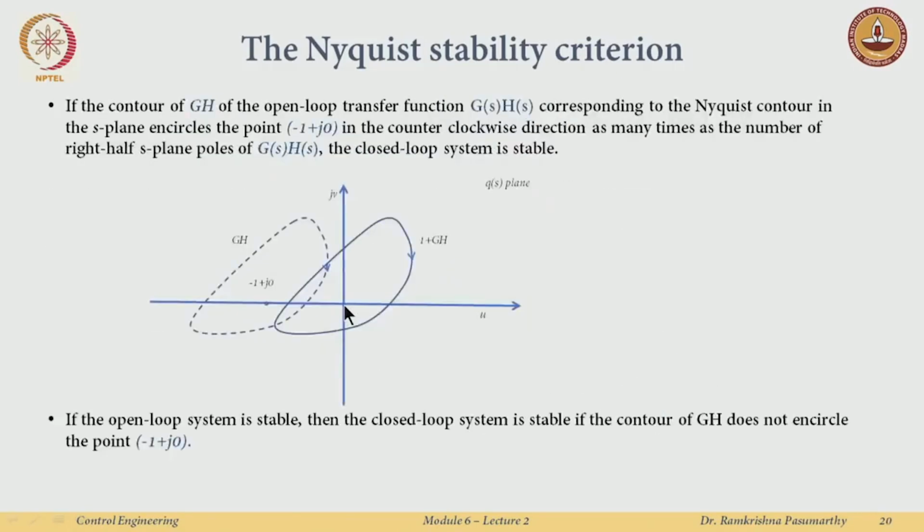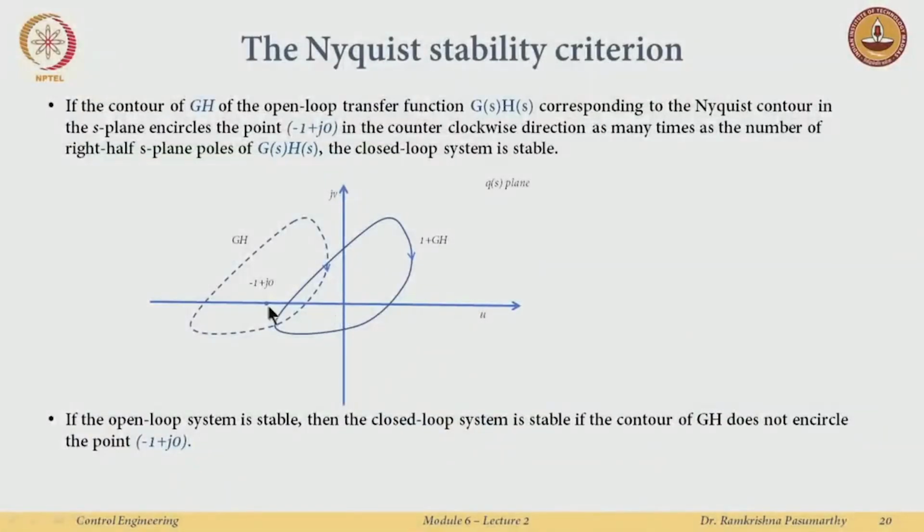So I was interested in encirclement of the origin of 1 plus GH, or the contour of 1 plus GH. Now I am just doing 1 plus GH minus 1. So the origin also shifts here. Oh sorry, I am really sorry. So the plot shifts by minus 1 in magnitude. So you can see all this distance would be minus 1, and then from here I shift here.